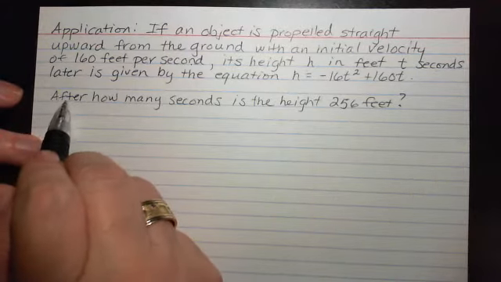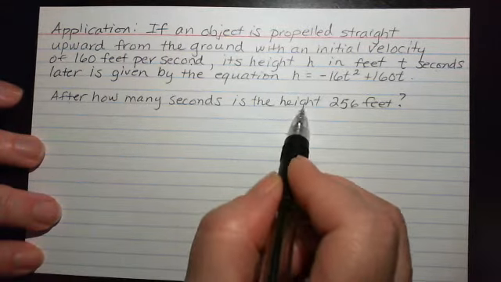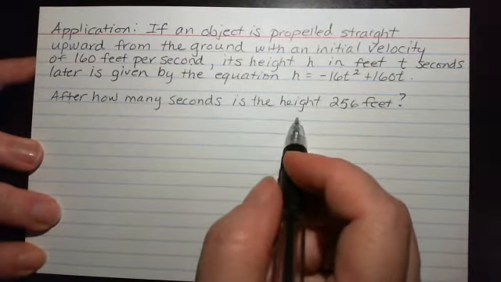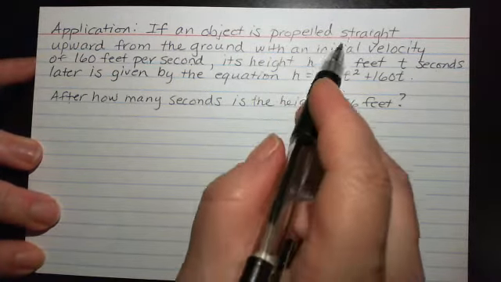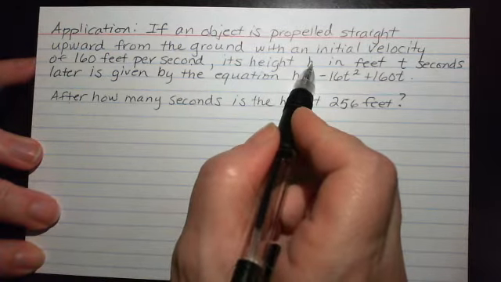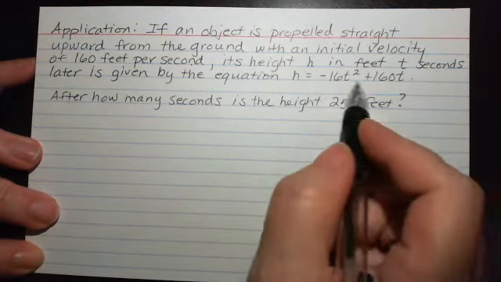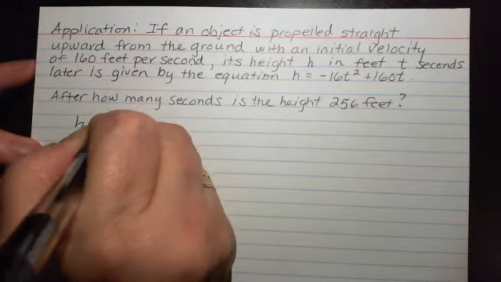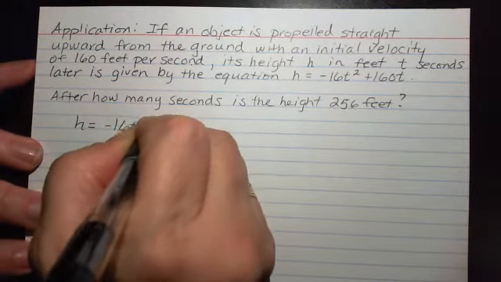The question is, after how many seconds is the height 256 feet? So there are a couple of important things to do here. One very important thing to do is to write the equation given to us. So that's h is equal to negative 16t squared plus 160t.